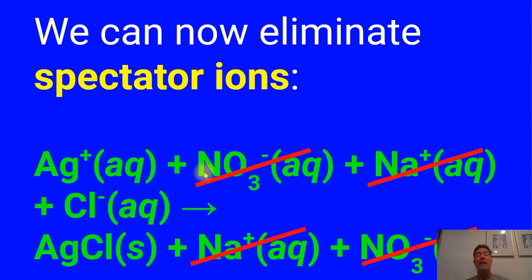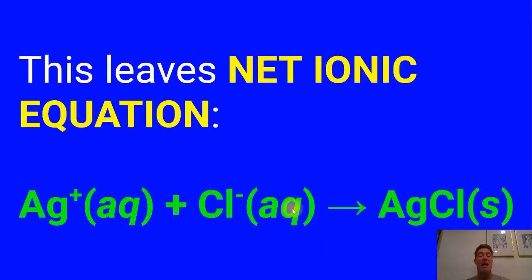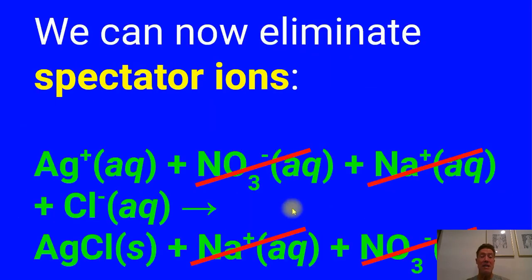So in this reaction, we can eliminate the spectator ions by crossing them out, and that gives us what's called the net ionic equation. Because the net ionic equation here is that Ag+ got together with Cl- to make AgCl, a solid. And it precipitates, falls out of solution, and that's the headline.